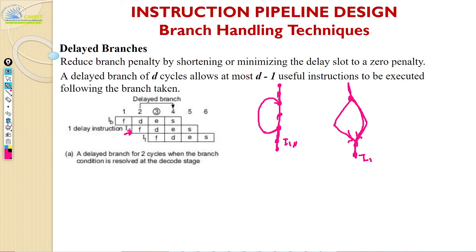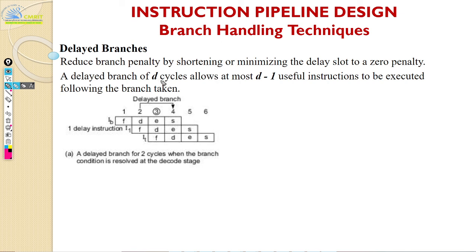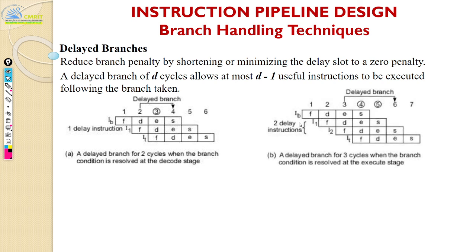So technically you can bring in d minus 1 instructions. If you are having a delayed branch of d cycles, for example here you are delaying it by 2 cycles, you can bring in one instruction. If you delay it by 3 cycles, then you can bring in 2 instructions.